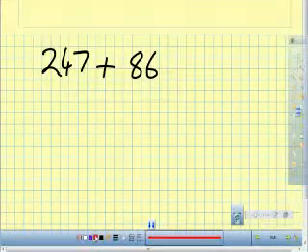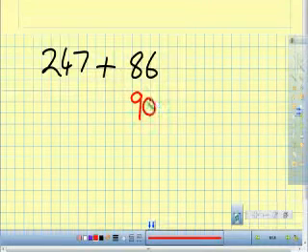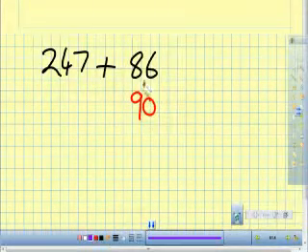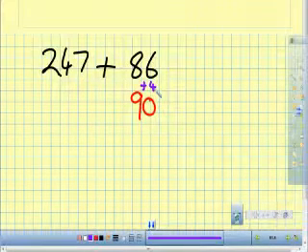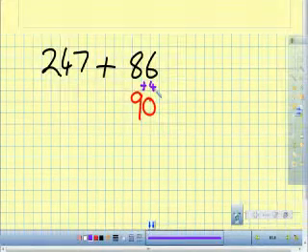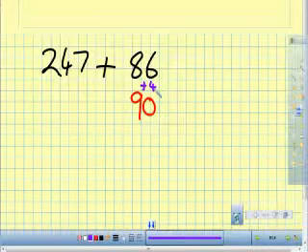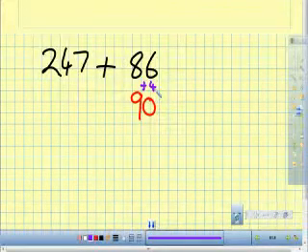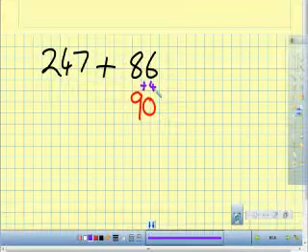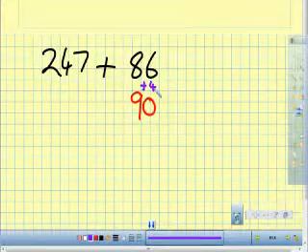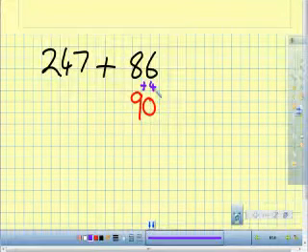So I'm actually going to round this one to 90, which means that I've added 4. So that's a little bit more of a helpful number, but I'm asking myself, is it really helpful enough? Because I'm still finding 247 and 90 a little bit tricky to do. I can't really do it in my head.